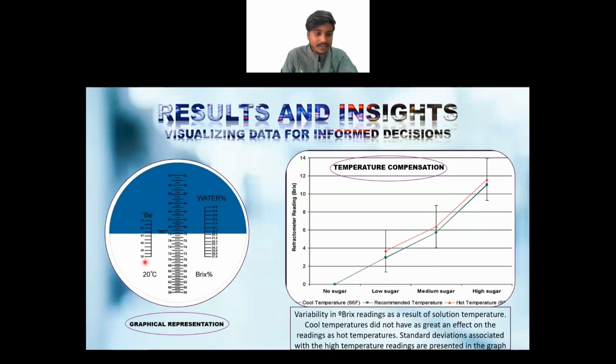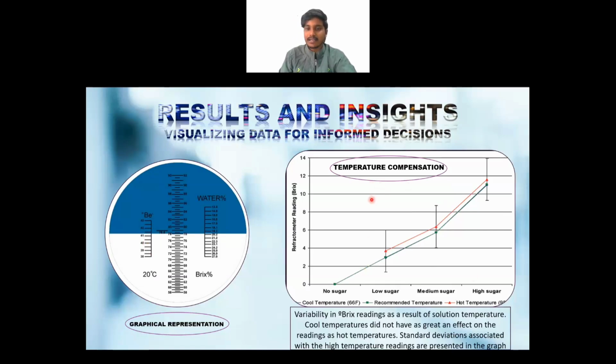Here, corresponding to the Brix percentage, it is showing around 42 degrees Baume, around 41.5. And next, temperature compensation.